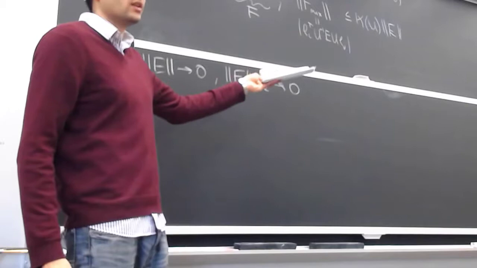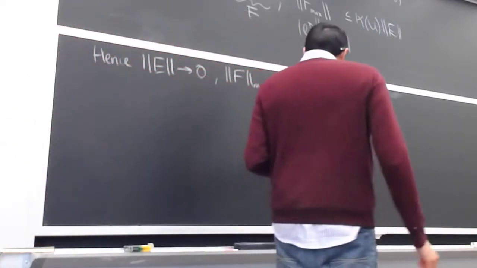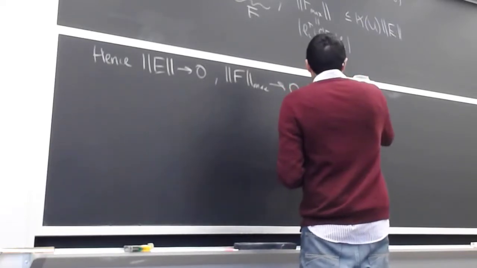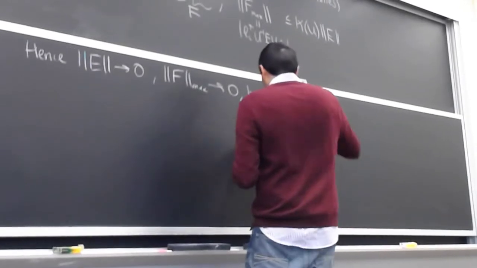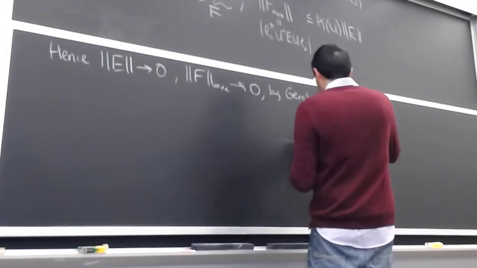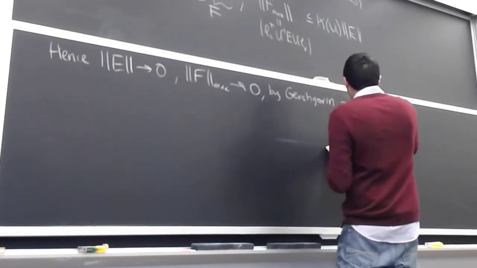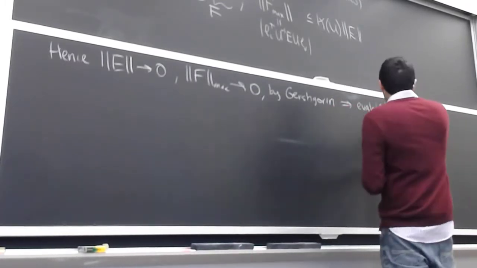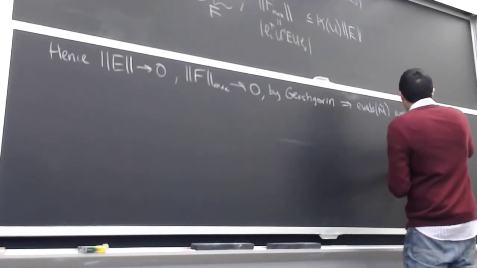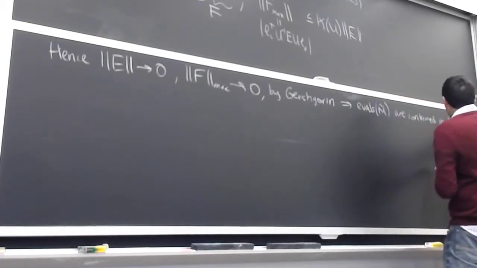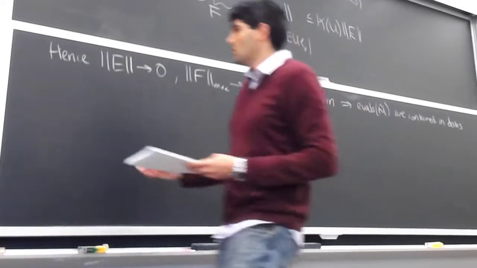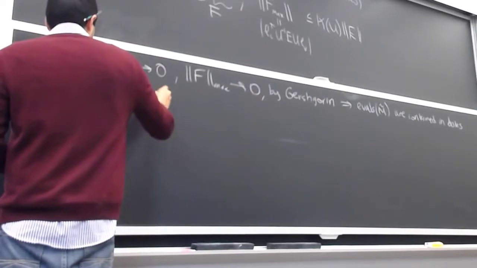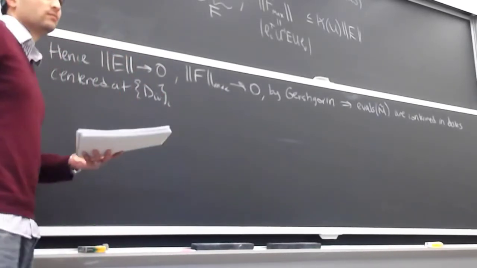That depends now on the condition number of U. And by Gershgorin, it implies that the eigenvalues of M tilde are contained in disks centered at the entries in the diagonal, right?